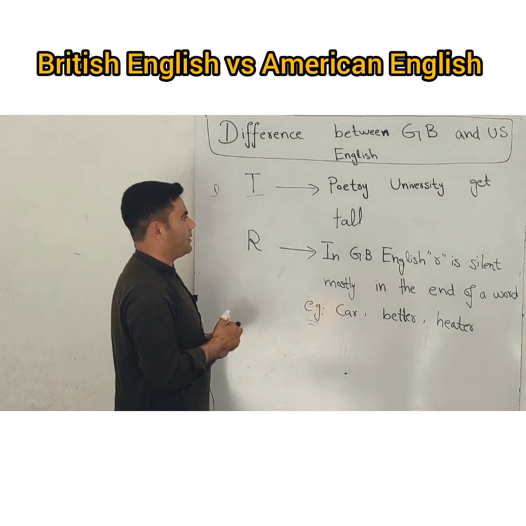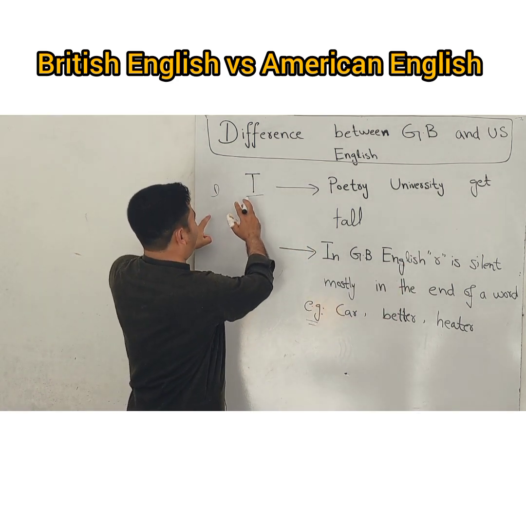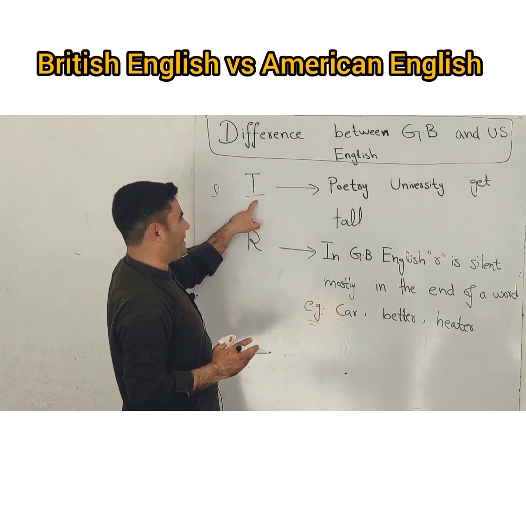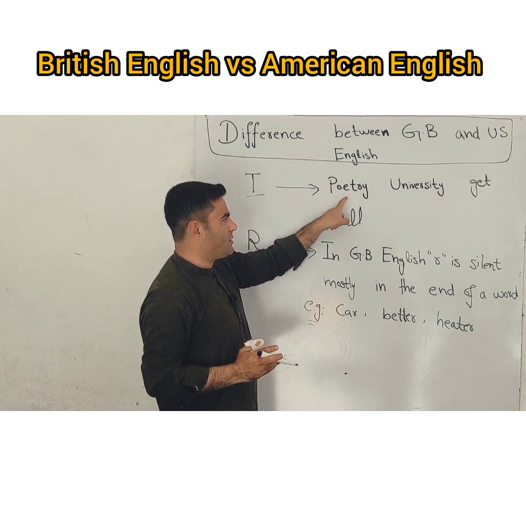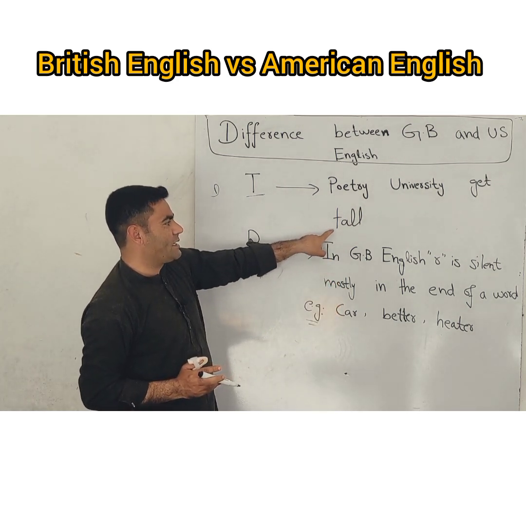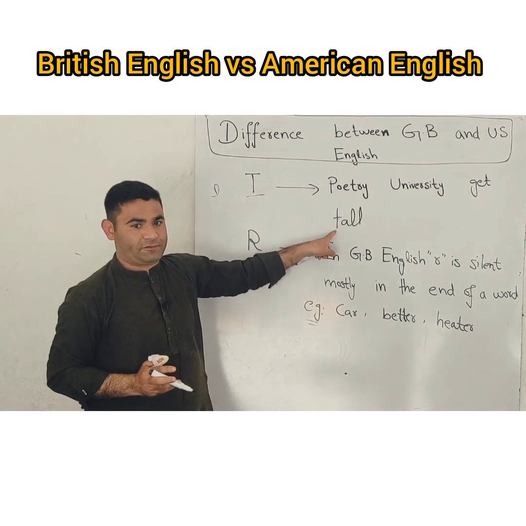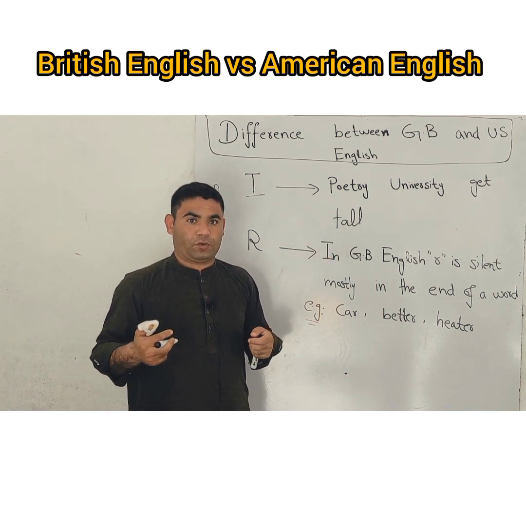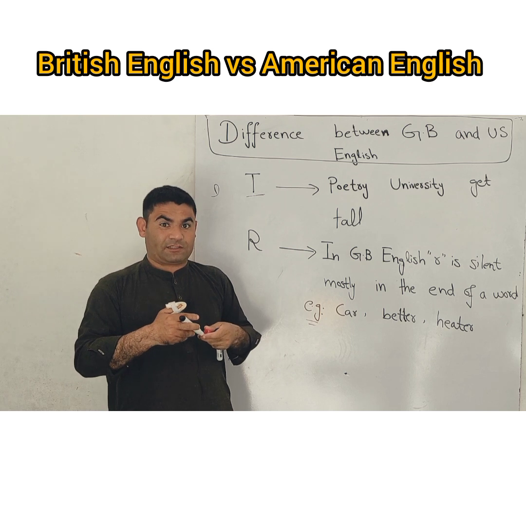But remember that the American T is a soft D when it is in the end or in the middle of a word. Now let's suppose the word starts with T, so you don't have to pronounce it as D, okay? Tall. It is a plosive then.